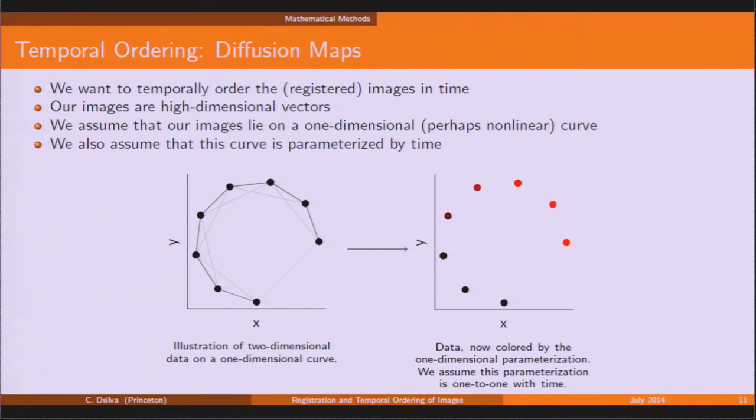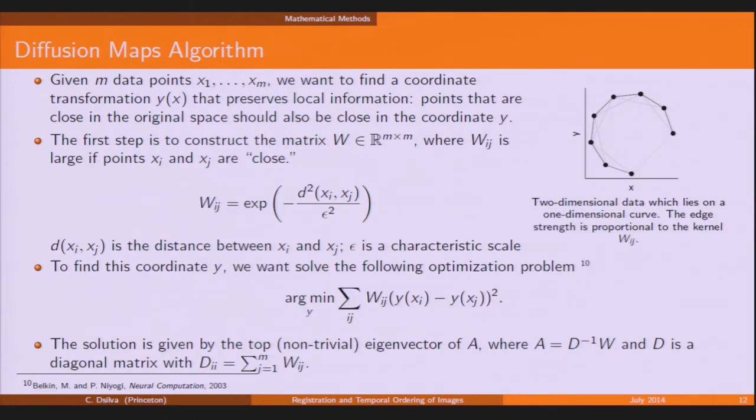So again, this is a schematic. You can see data points in 2 dimensions, but each data point lies on this one-dimensional nonlinear curve, and we'd like to automatically extract this parameterization. And again, this is going to boil down to a different eigenvector problem. So what you do is you take your data and you calculate the pairwise distances between pairs of data points.